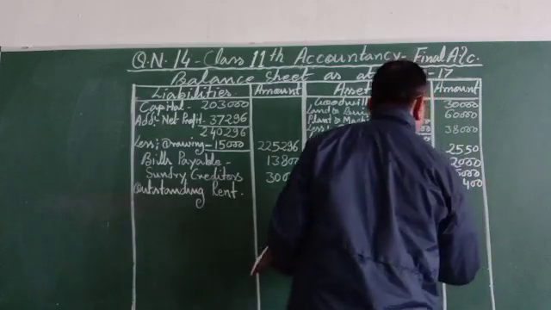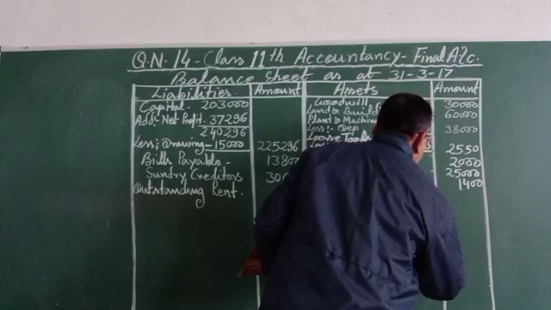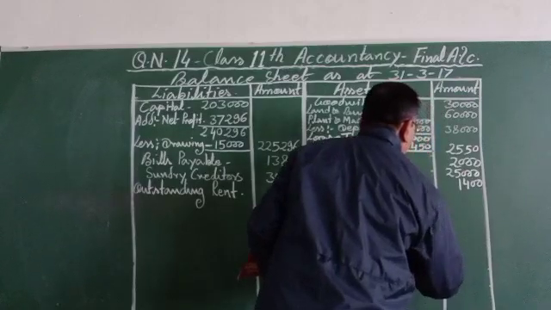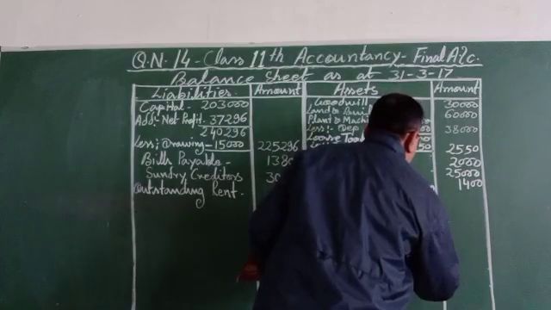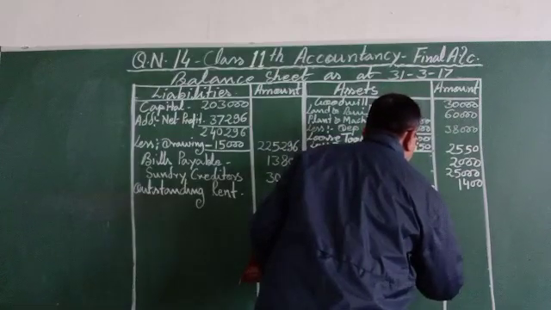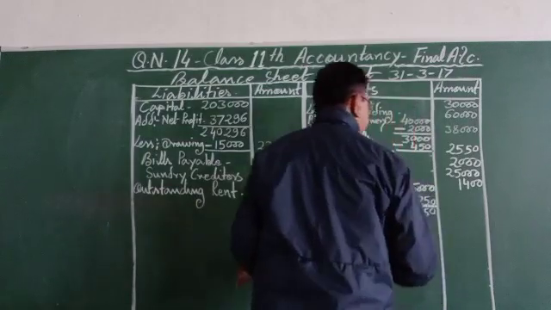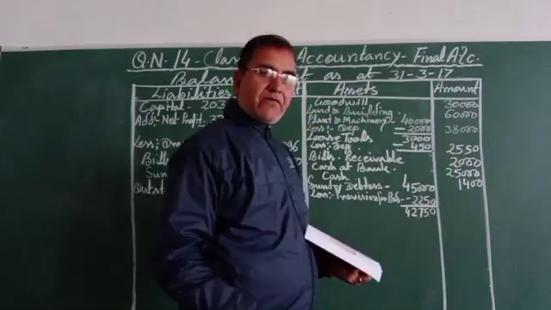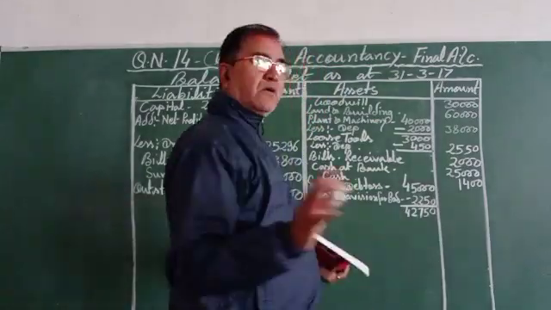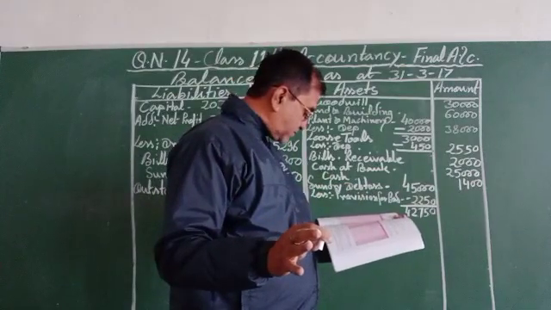After provision for bad debts, the debtors amount will be 42,750.